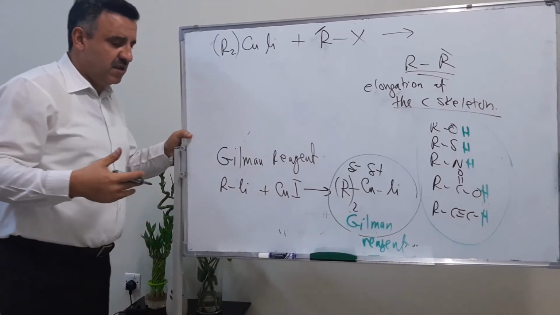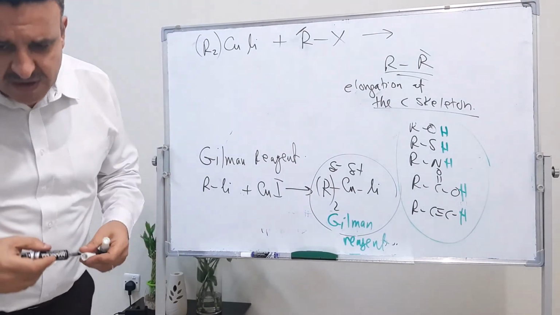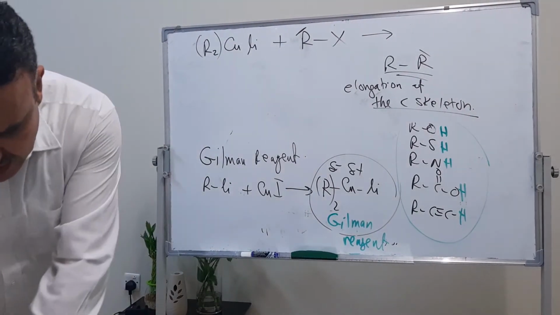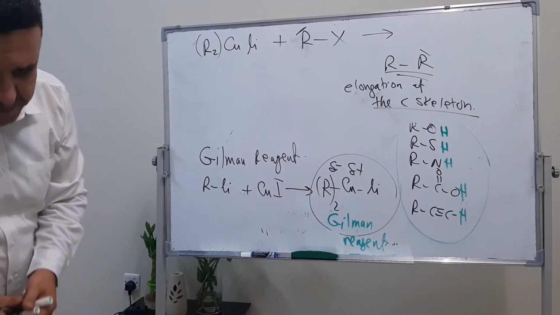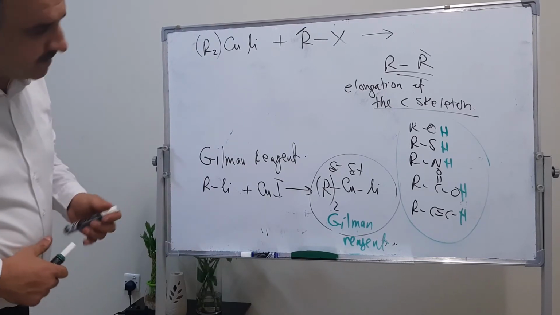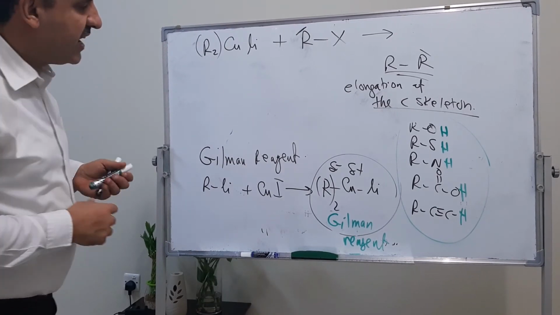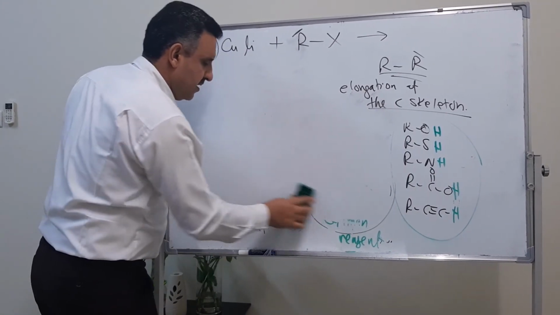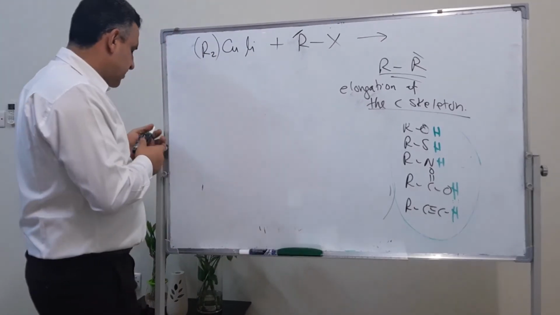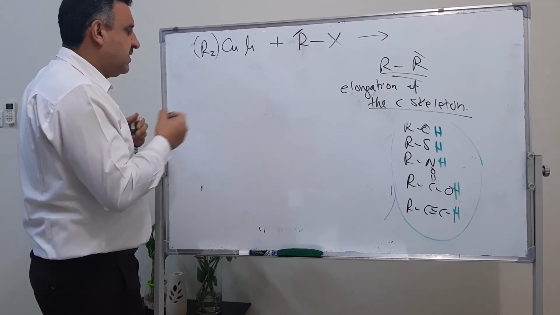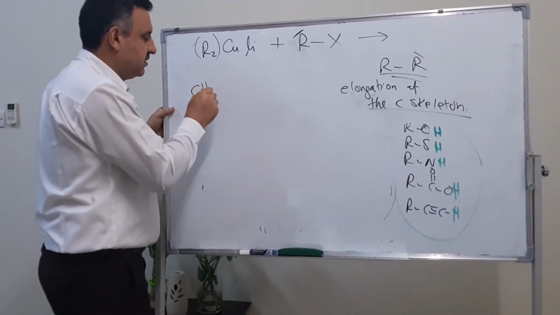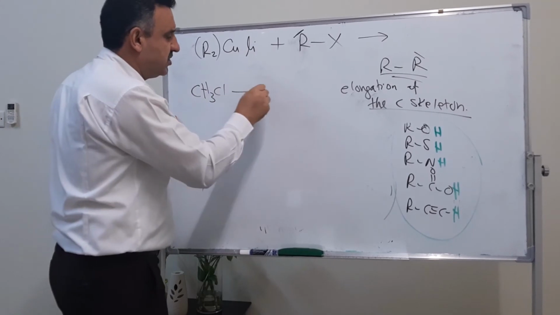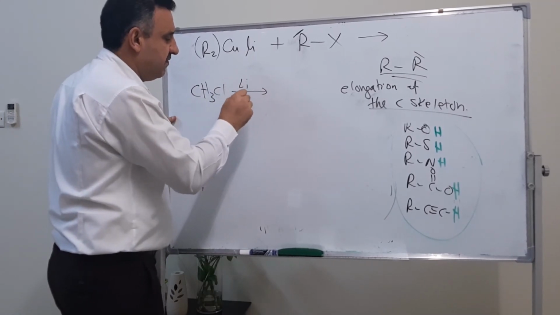As you can see here, we may start with a certain number of carbons and end up with another number. Do you follow me? Let's take a specific example and see. For example, suppose we have methyl chloride. We allow it to react with lithium in the presence of ether.